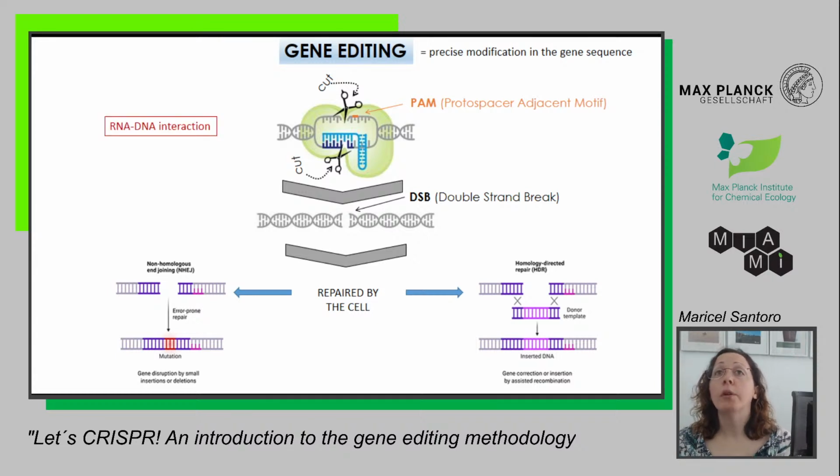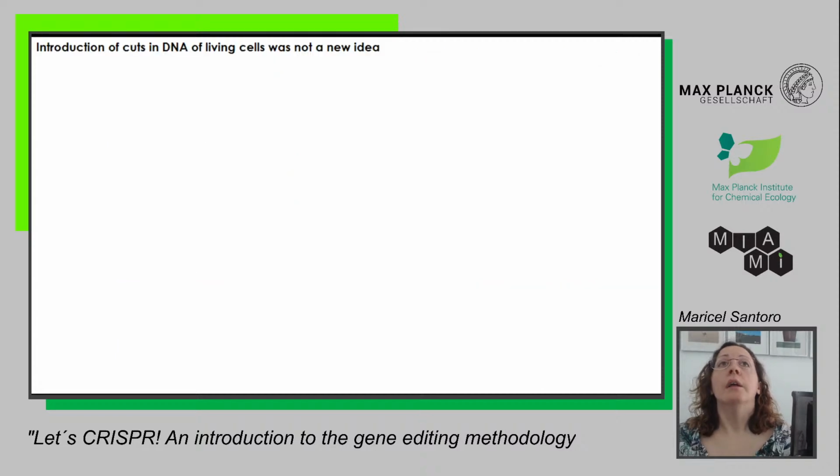This is very important, and it's because the interaction between the guide, this GPS, and the protein, this worker, is based on an RNA-DNA interaction. The DNA and the RNA are very similar molecules. They are nucleic acid molecules, so they can interact very easily, and it's very easy to predict where the interaction happens.